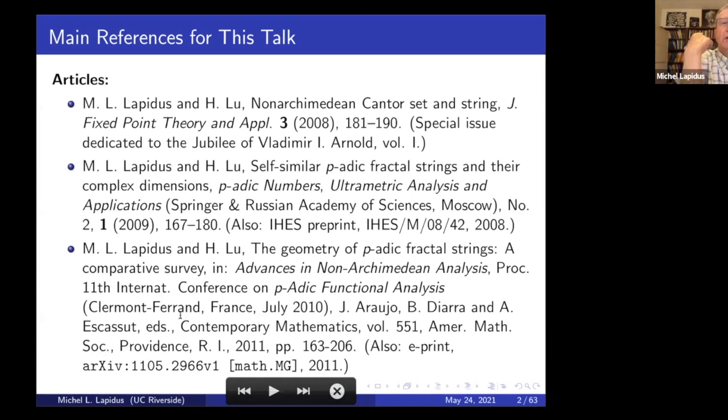Okay, so there were papers in a special issue of Fixed Point Theory and Applications dedicated to Arnold, to his jubilee, and papers in p-Adic Numbers, Ultrametric Analysis and Applications. A long survey article with Hong Lu in Contemporary Mathematics.